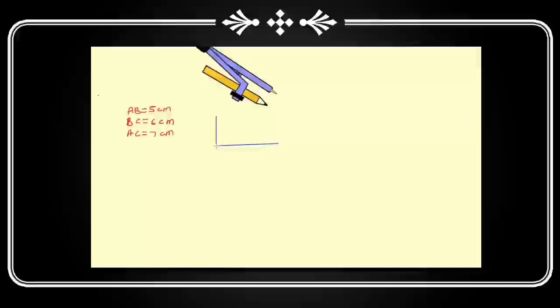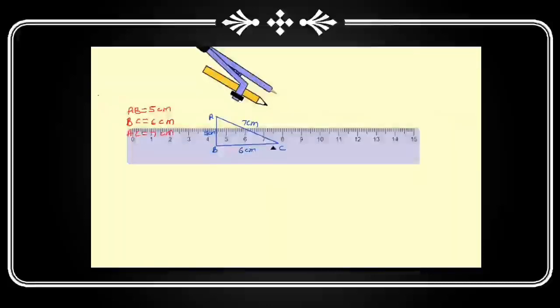First of all, we will draw the rough sketch like this. A, B, C. BC is 6 centimeter, AC 7 centimeter and AB 5 centimeter. So this is the rough sketch. Now we will draw it finally.